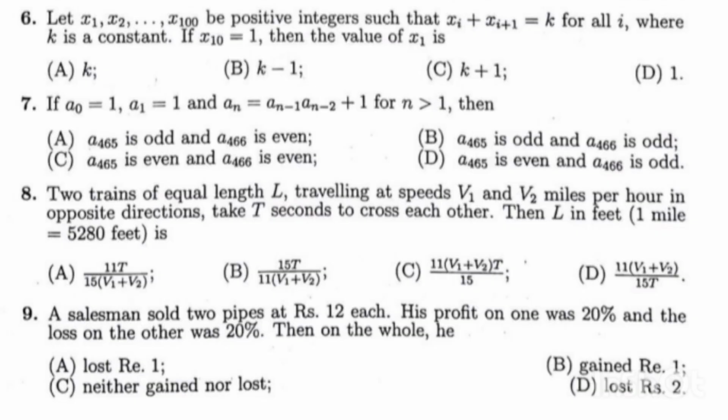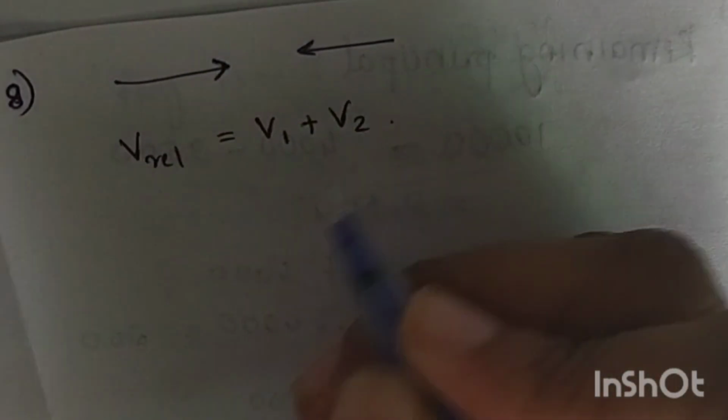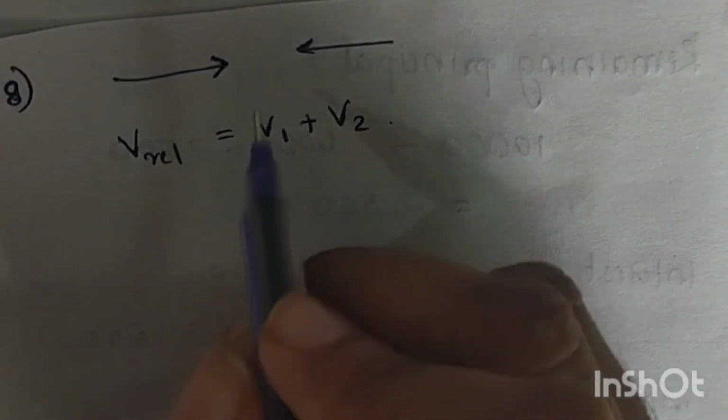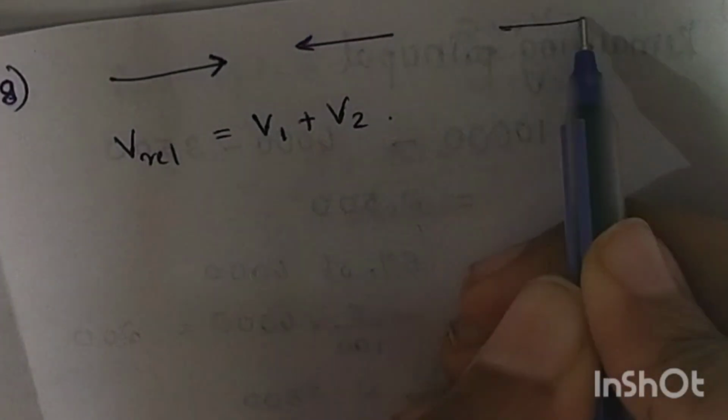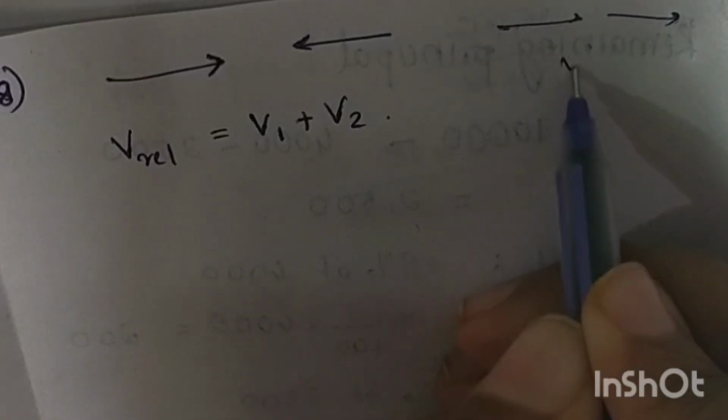Since the speeds are given in miles per hour, and a hint is also given that 1 mile is 5,280 feet. So to find the relative speed, since the trains are crossing each other in opposite directions, we can say that relative velocity is v1 plus v2. If they were moving in the same direction, we would use v1 minus v2.